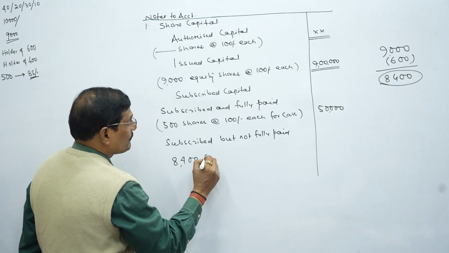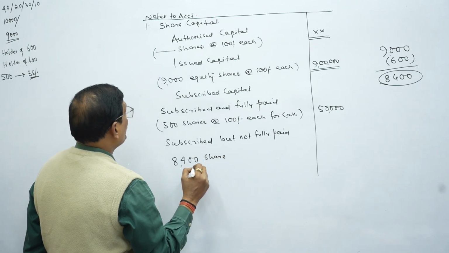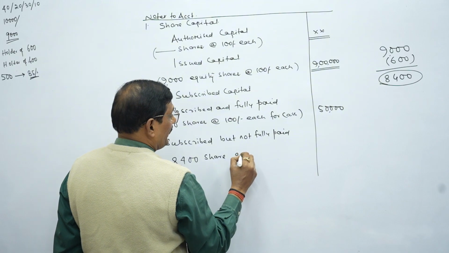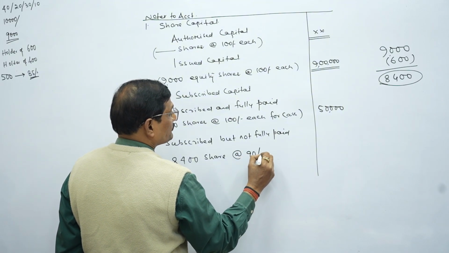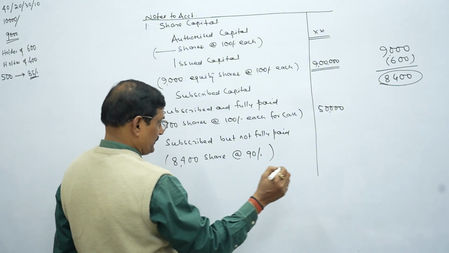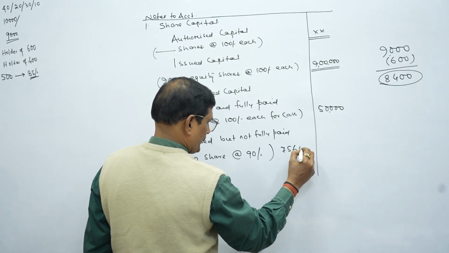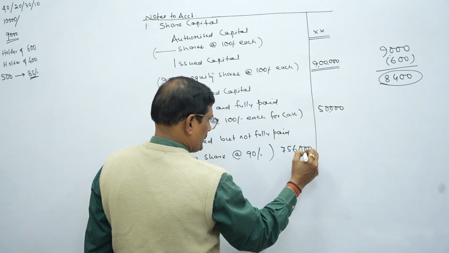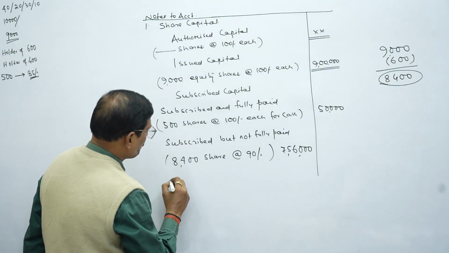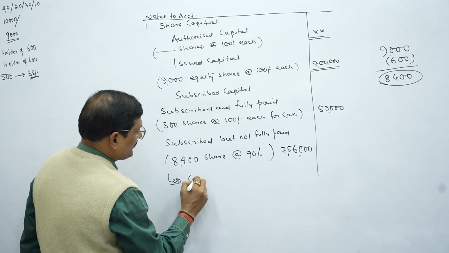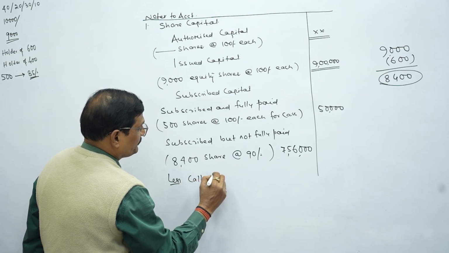Final call is yet to be made, at the rate of 90. How much is it? 7,56,000, less calls in arrears.